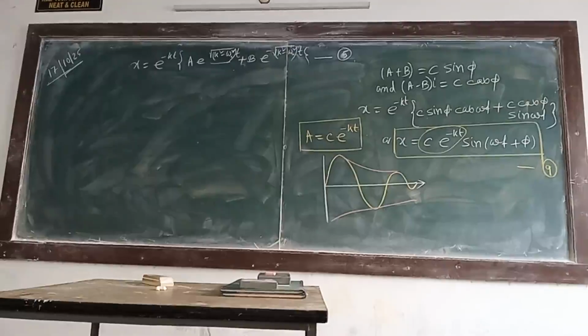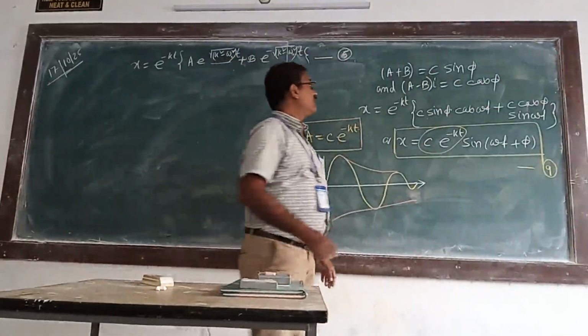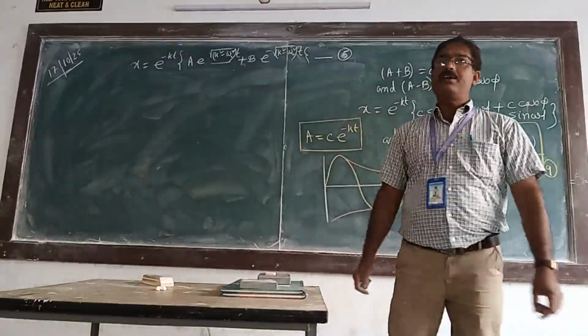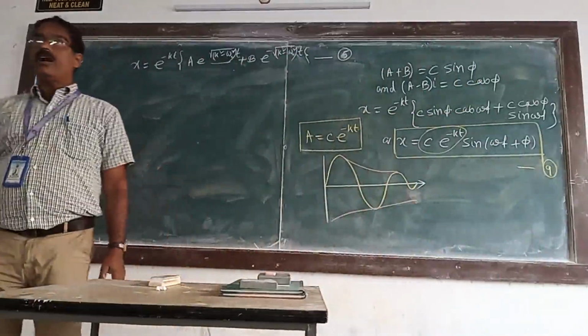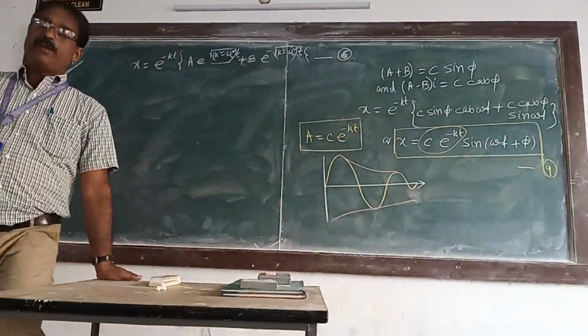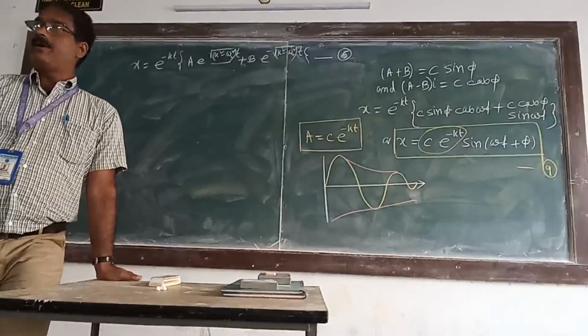Today, after this one, the next class will discuss the attenuation coefficient of the damped vibration. In the attenuation coefficient there are three terms: logarithmic decrement, relaxation time, and quality factor. We will discuss it.